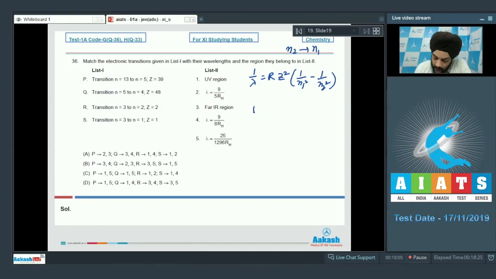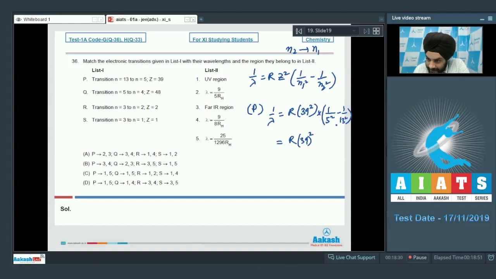Okay, so if we talk about the option P now, students, we can have 1 by lambda is equal to R into Z, the value of Z is 39, square into 1 by 5 square minus 1 by 13 square. So this on simplification will give us a value equal to R into 39 square into (a plus b) into (a minus b).